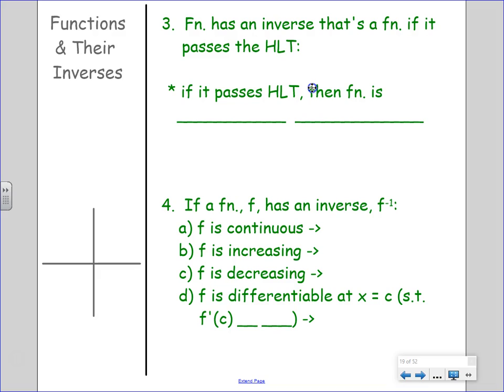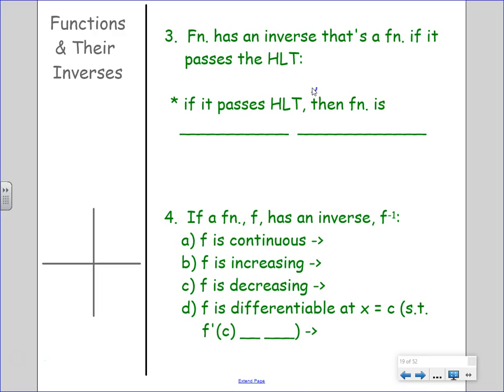If a function has an inverse that's also a function, the original function is going to pass the HLT, otherwise known as the horizontal line test. If it passes the horizontal line test, then we can say that the function is either invertible, that's one snazzy way of saying it, or 1-to-1.